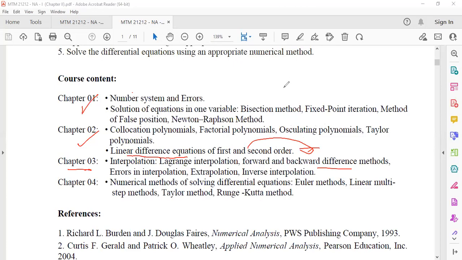I hope it covers the full chapter number 2. So I want you to check all the questions and see whether you can answer. Okay, only one person answered yes. Don't the others even see the questions?